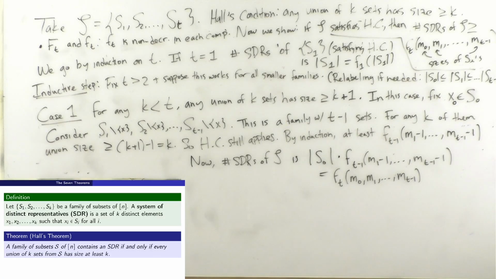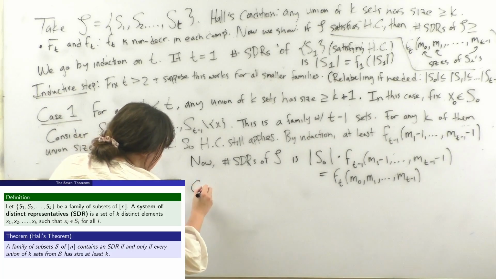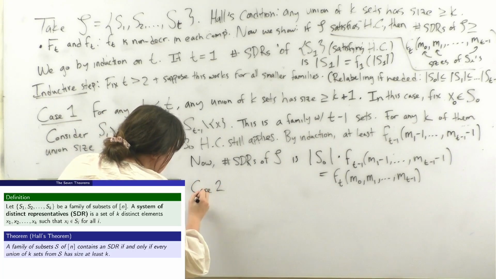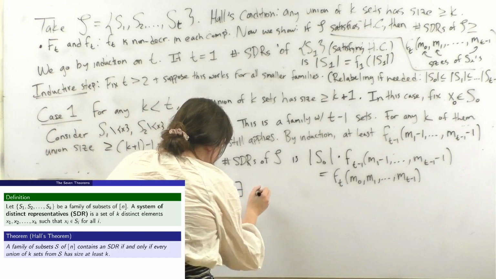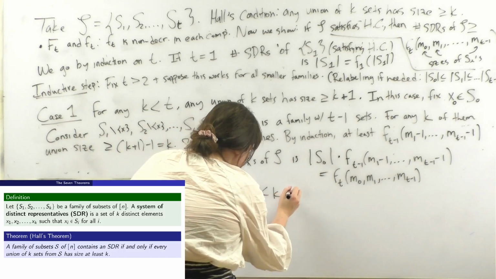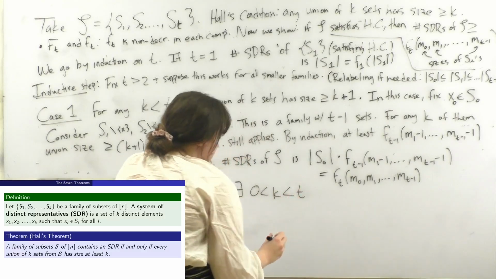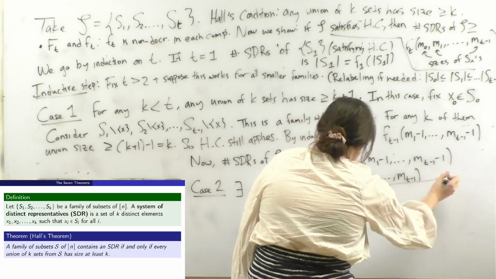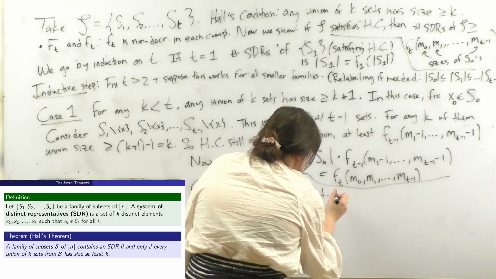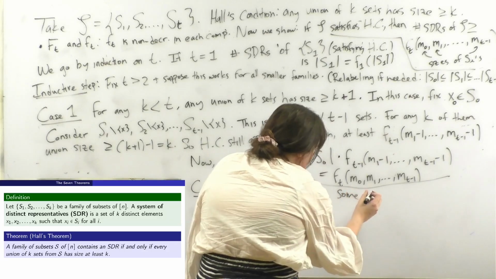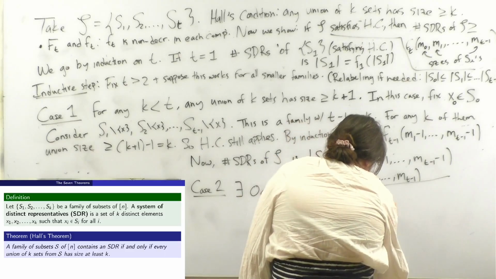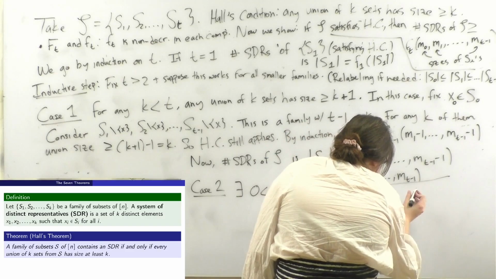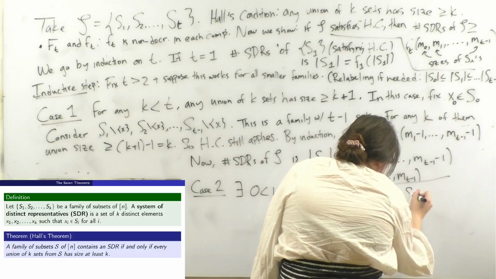The annoying thing is case 2, where I can find some S. The nus are the indices for my tight sets.